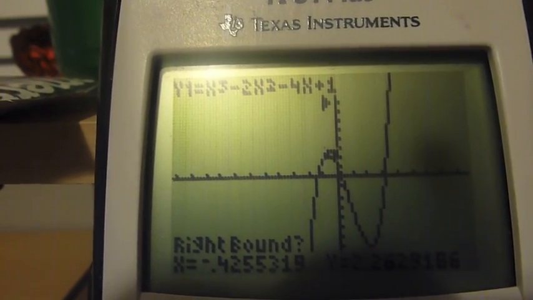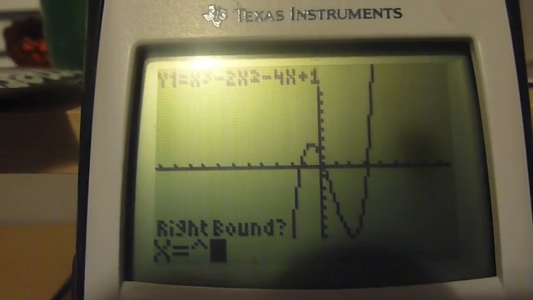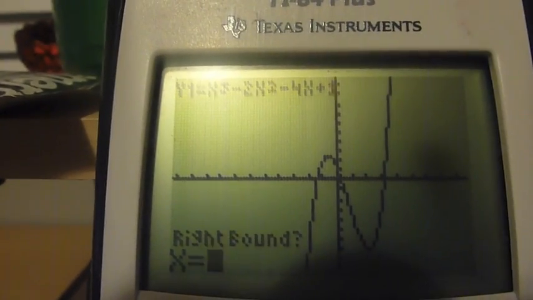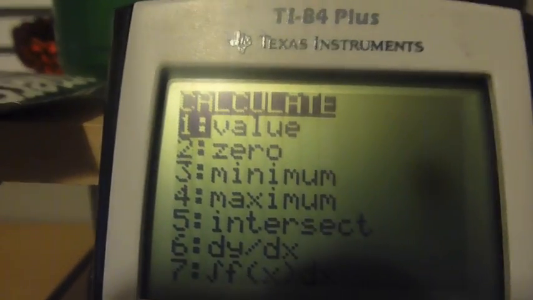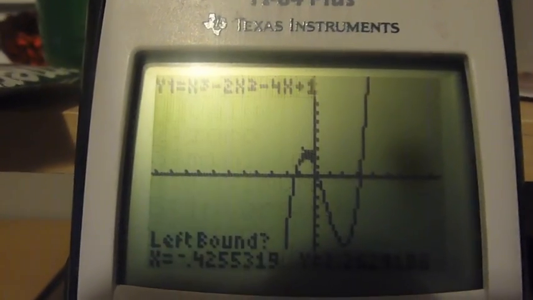Oops, made a mistake, did right bound first. Second trace 4.